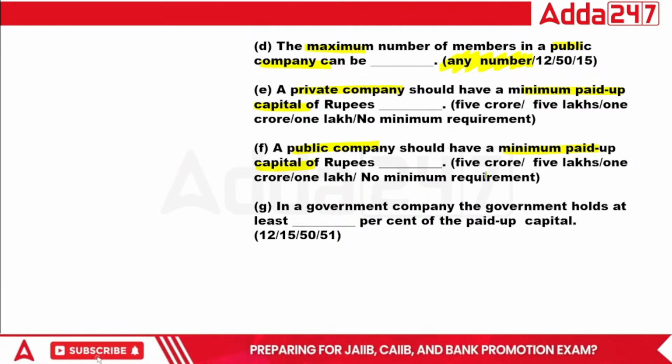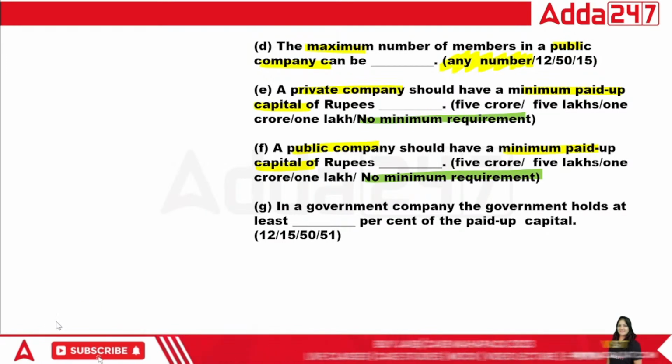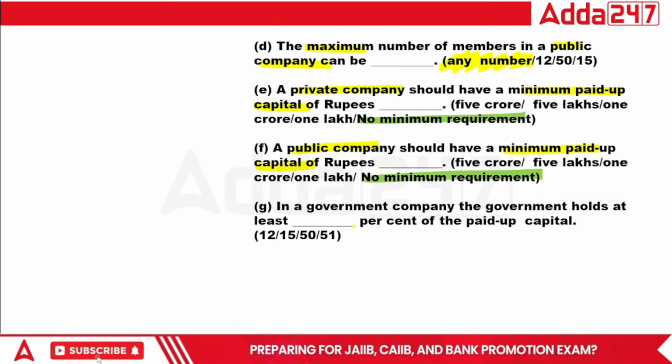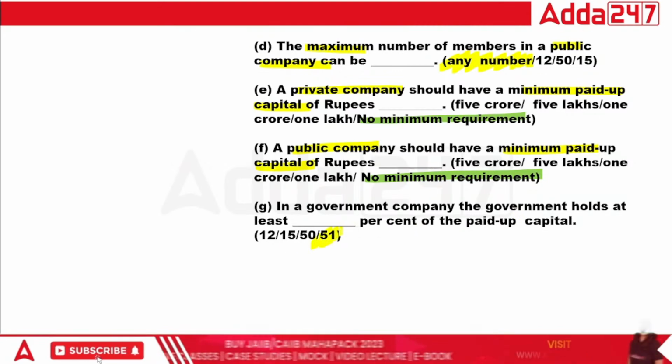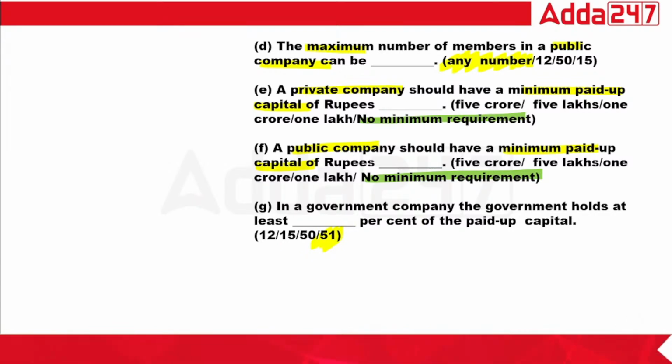The answer will be no minimum requirement. In a government company, the government holds at least dash percent of paid up capital. That is 51%. So I think from today's session, this is sufficient.